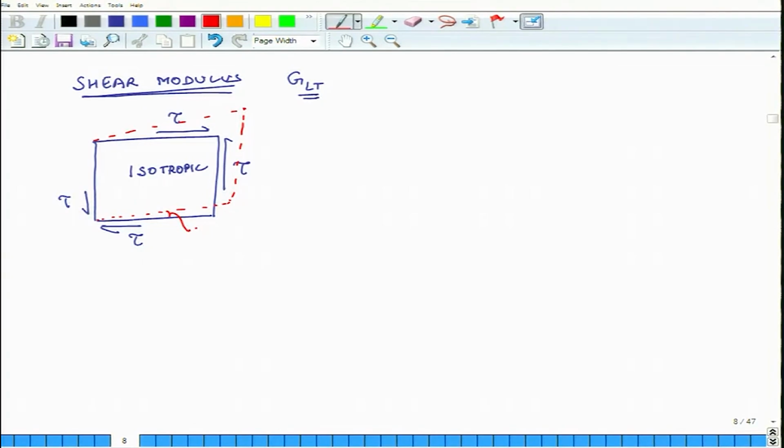So, there is some change in angle and let us call it gamma. This gamma is the shear strain, and then what is our definition for G? G equals tau over gamma, and the units are still Newton per meter square or pascals. Okay. So, with this kind of an understanding, we will develop a relation for shear modulus for such composites.